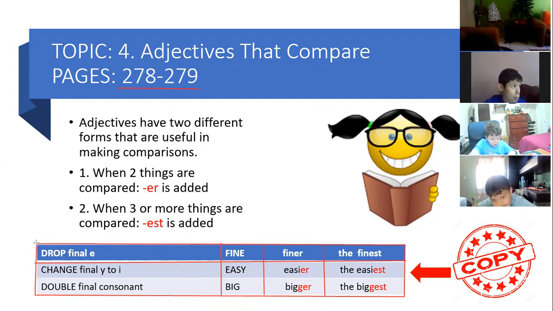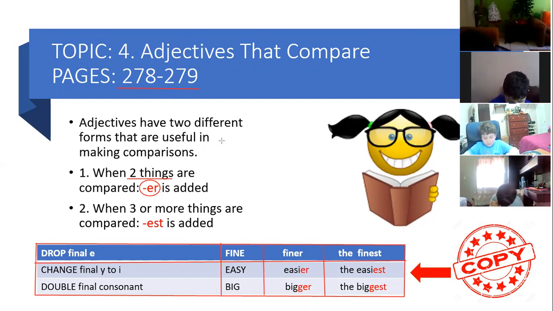And I was saying that an adjective is a word that describes a noun or a pronoun. And adjectives have two different forms that are useful in making comparisons. The first one is when you compare two things. When you compare two things, you have to add ER to the adjective.